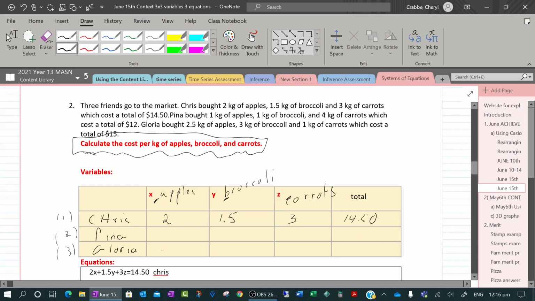She bought 1 kg of apples, 1 kg of broccoli, and 4 kgs of carrots for a total cost of $12. And Gloria bought 2.5 kgs of apples, 3 of broccoli, 1 of carrots for a cost of $15. So there it is. That's filling in my table.